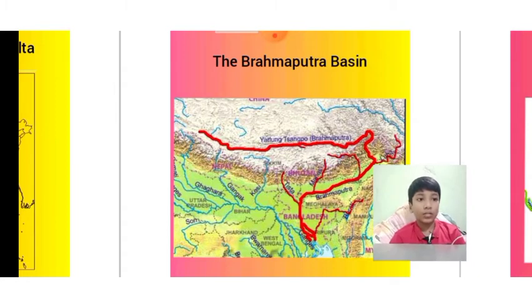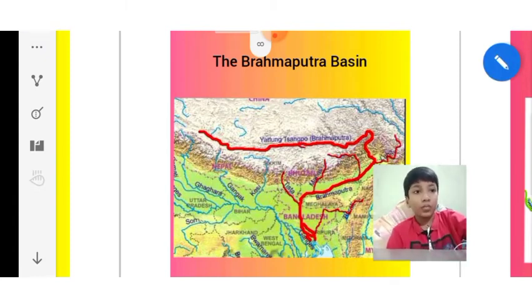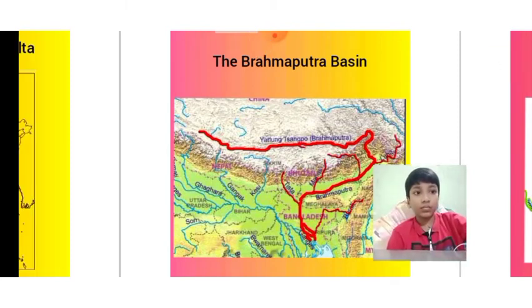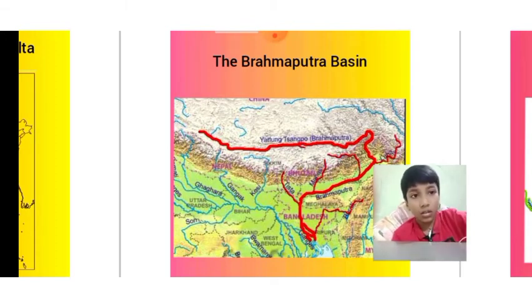It comes down and starts from Tibet, zigzag. It is a plateau region, the Tibetan plateau. A mountain is located there, then Brahmaputra starts.